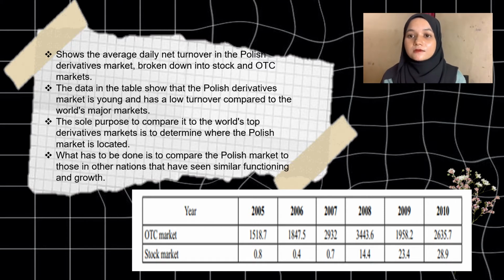Only then would it be feasible to evaluate the actions carried out in Poland, as well as the creation of derivatives. Poland is ahead of nations like Italy, Spain, and Norway in terms of derivative market development as measured by the value of complete transactions.